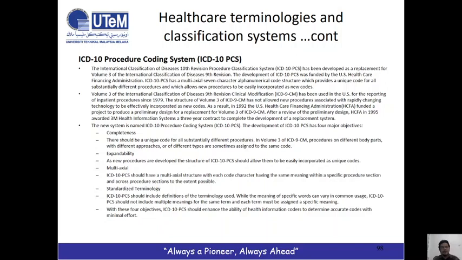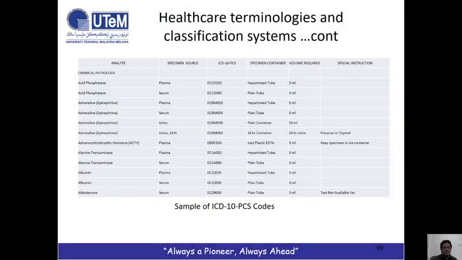So they have a lot of code classification and terms. Yeah. So this is an example of the ICD-10 PCS code. Chemical pathology, this is called analyte, a type of procedure. Sometimes under biological, under hematology, and similar to the specialties or disciplines of the department. Yeah.